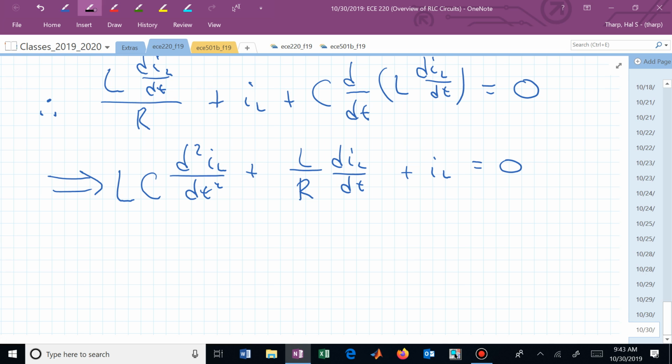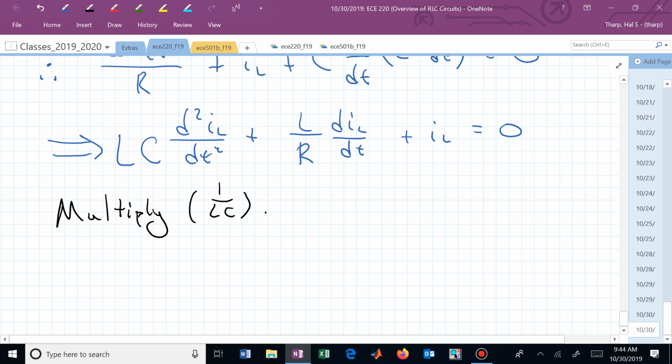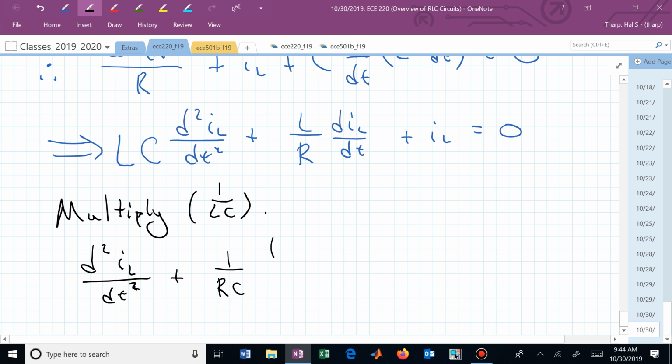Well, we can clean this up or make this look more like what's in the textbook if we simply multiply everything, both sides, by 1 over LC, which now gives us the second derivative of I sub L with respect to time plus 1 over RC di sub L dt plus 1 over LC I sub L. And there's that 1 over LC.